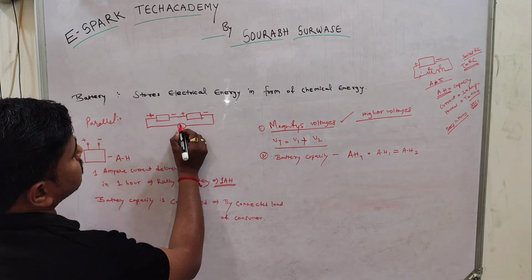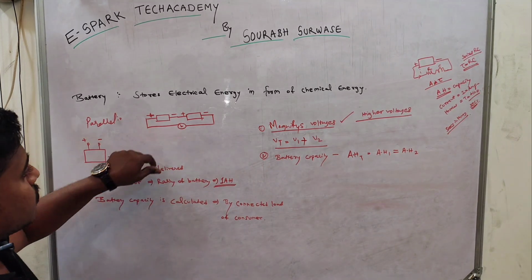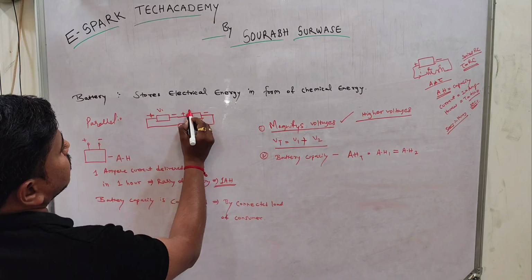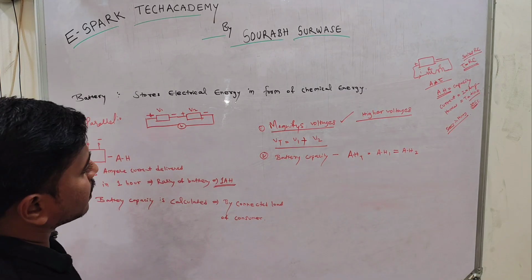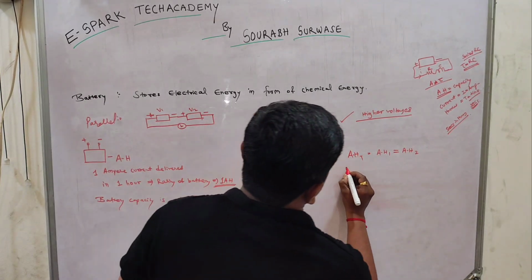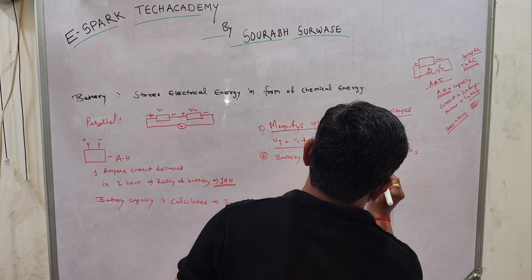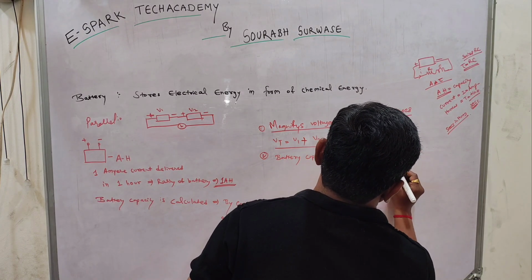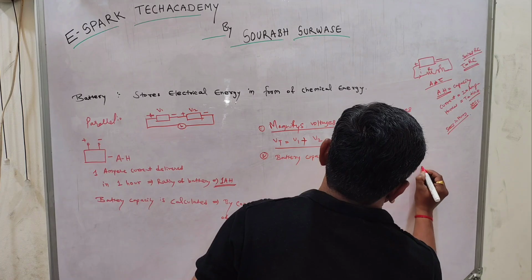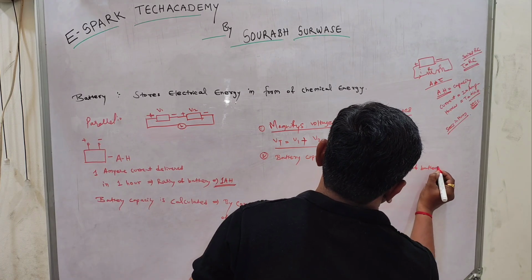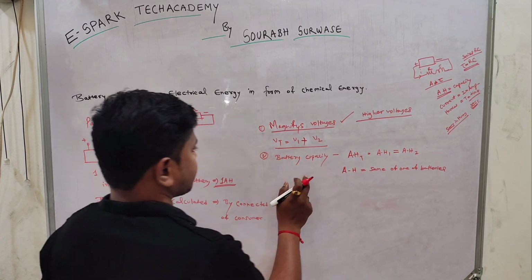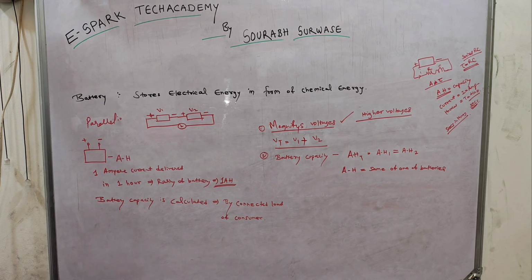Here the voltage will be V1 and here the voltage will be V2. The ampere hour capacity is the same as that of one battery. Battery capacity will remain the same, only the voltage will be magnified.